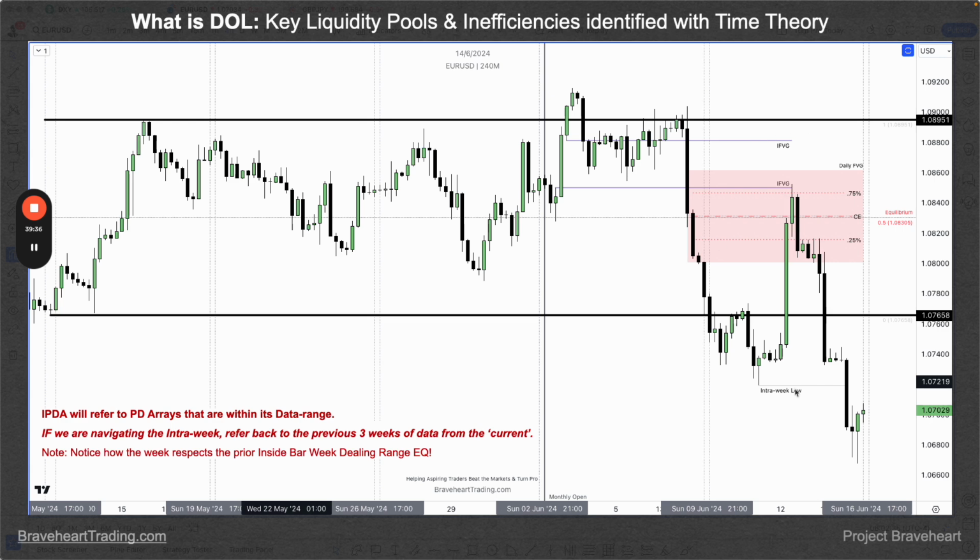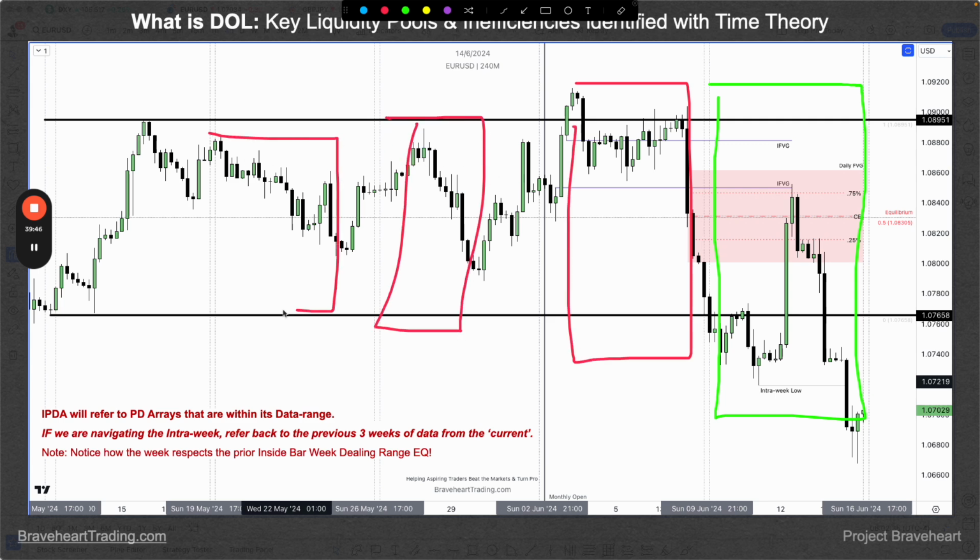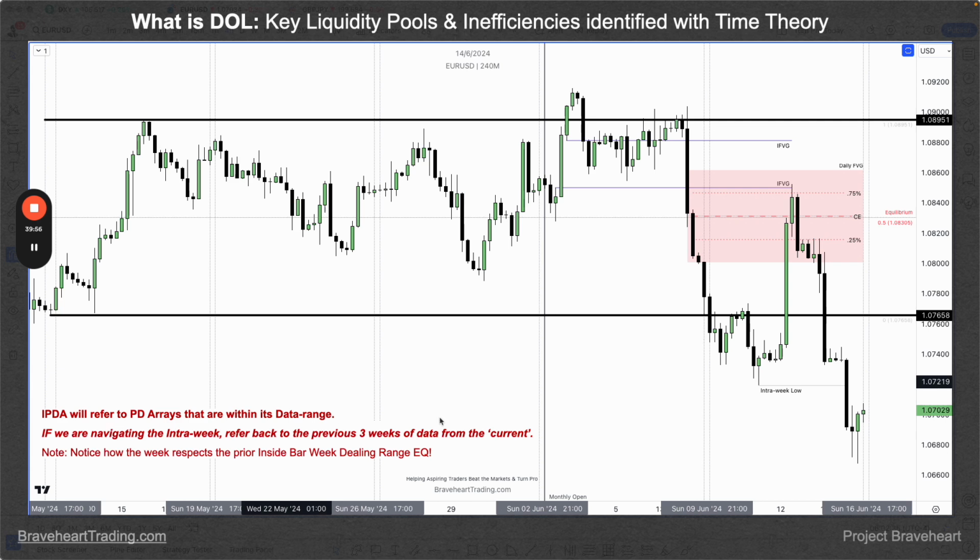So this is the current week. And then this is 1 week look back, 2 week look back, 3 week look back. And then the IPDA from the current will use the 3 week look back for PD arrays. So we can see here we have high, high rated.